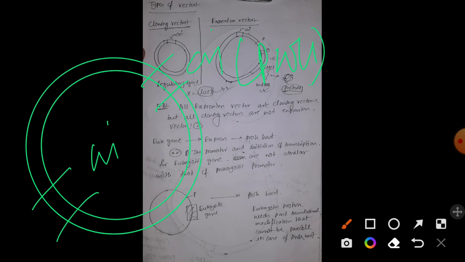You can use only one promoter for the transcription of your gene of interest. That is why we may add a promoter for prokaryote or a promoter for eukaryote. That is why the concept of shuttle vector is not too popular in terms of expression, but for cloning it gets huge success.